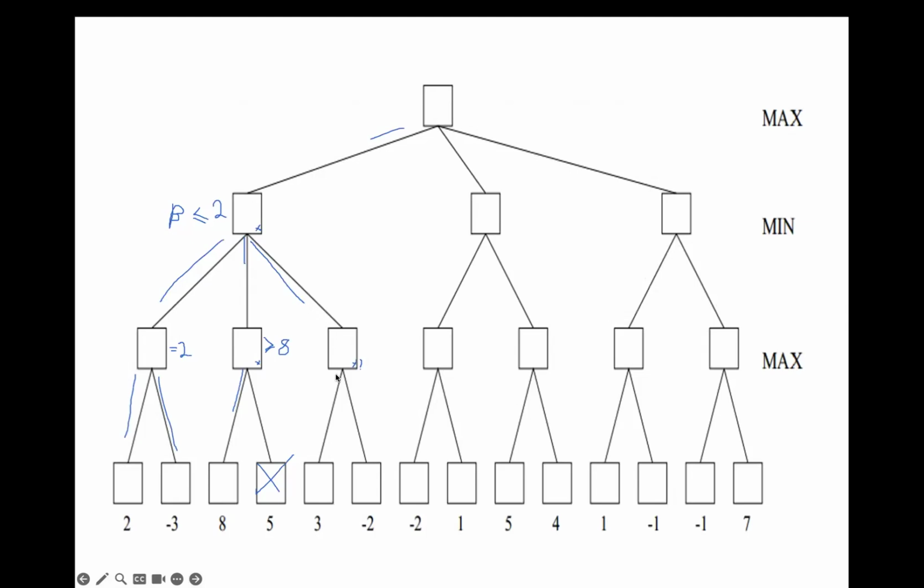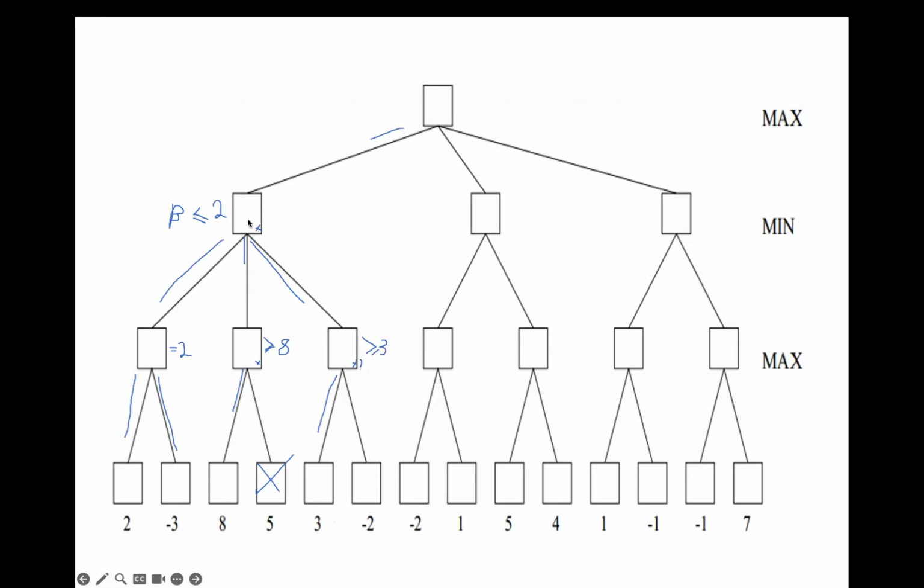We now look at the payoff here. So when we move like this, when it's the maximizing 10, we expect a value greater than 3. So here we know that we expect a value greater or equal to 3.